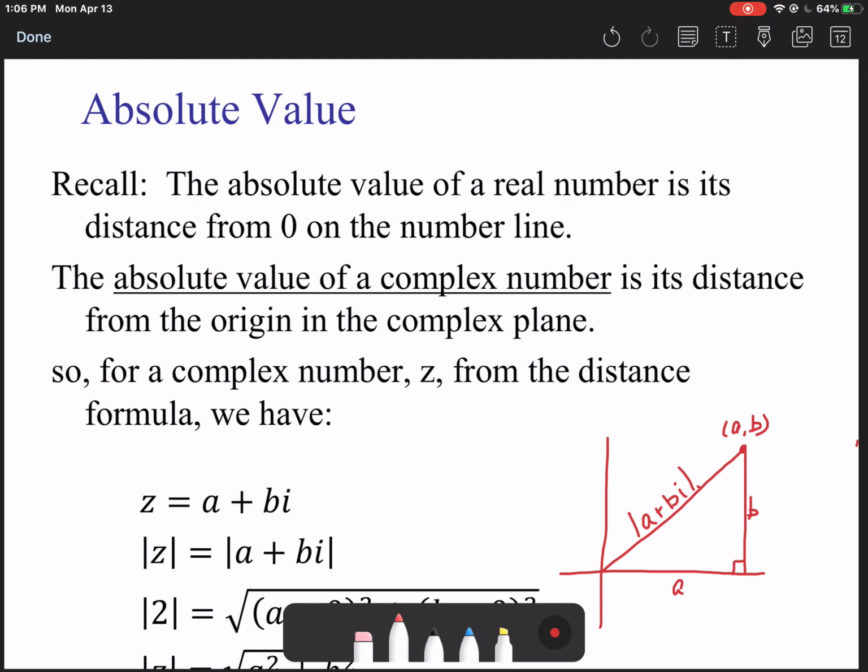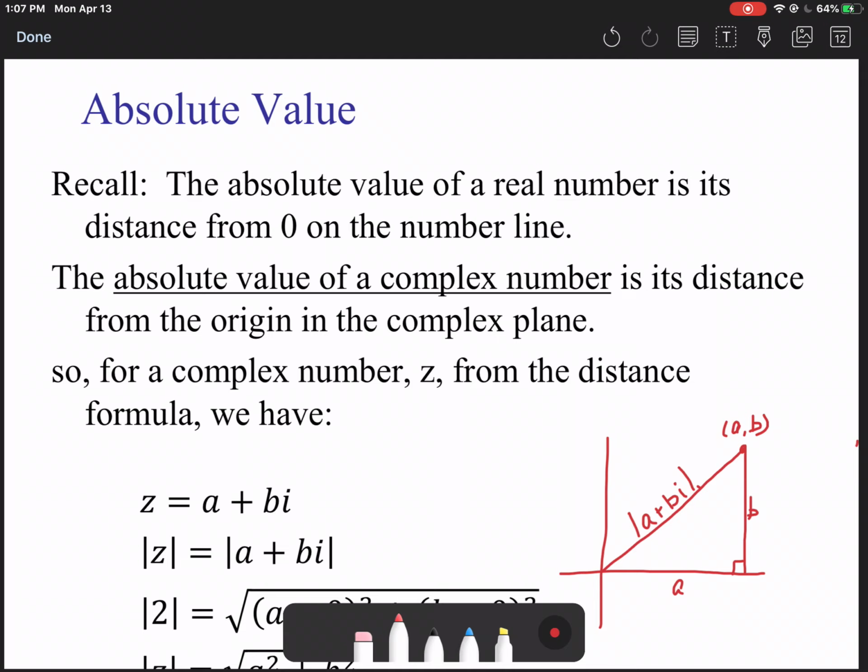The absolute value of negative 3 is also 3, because both of those are a distance of 3 units from 0 on the number line. Now, in the complex number system, the idea of absolute value is a little different. It is still distance, but now we're talking about the distance of this point, or this number, from the origin in the complex plane.